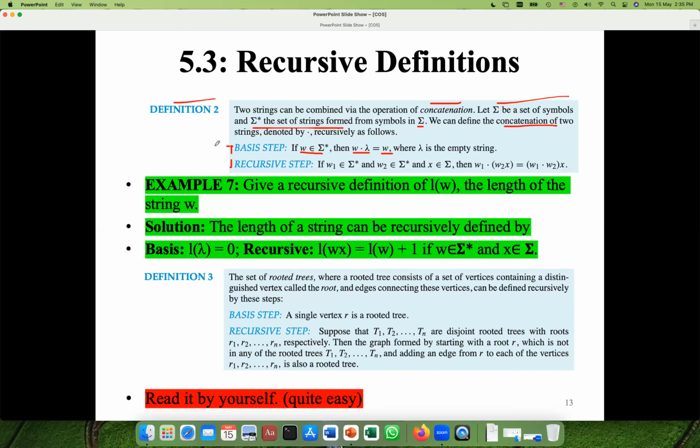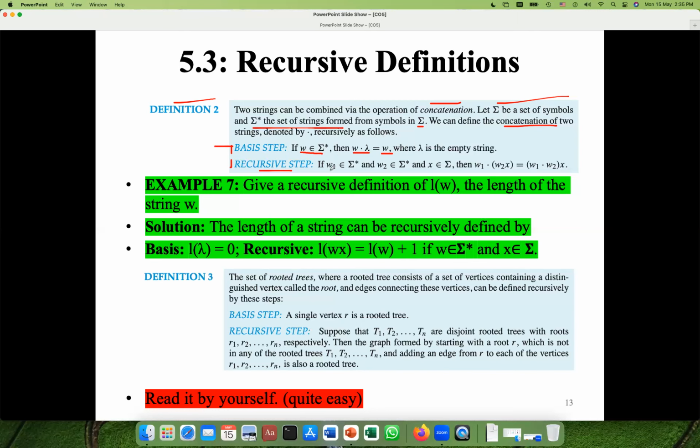This is the basis step. You can concatenate each word from sigma star with lambda, and then you will have that word. Then comes the recursive step. So this is the definition for concatenation of strings.